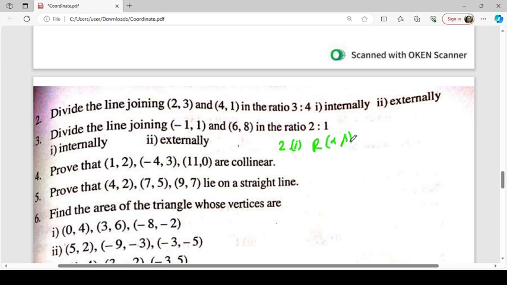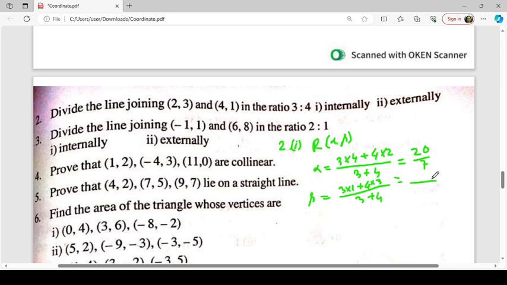So alpha is given by 3 into 4 plus 4 into 2, divided by 3 plus 4, which is 8 plus 12, it is 20 by 7, and beta is given by 3 into 1 plus 4 into 3, so it is 3 plus 12, it is 15 by 7.